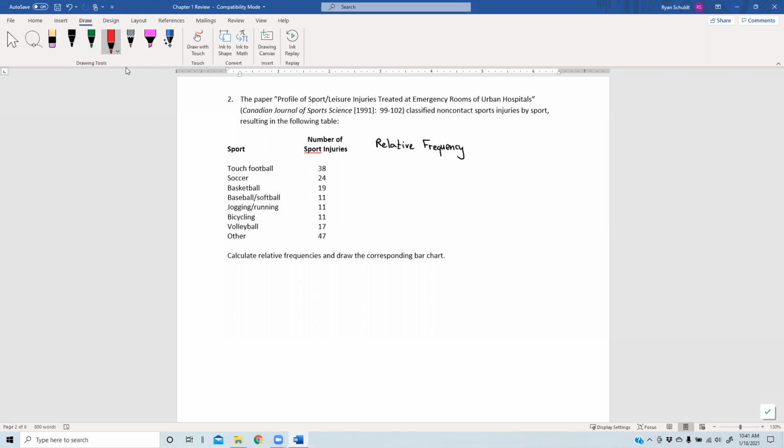So let's do that. What would our total be here? Well, I trust that you know how to add numbers. So if we add them all up, our total would be 178.